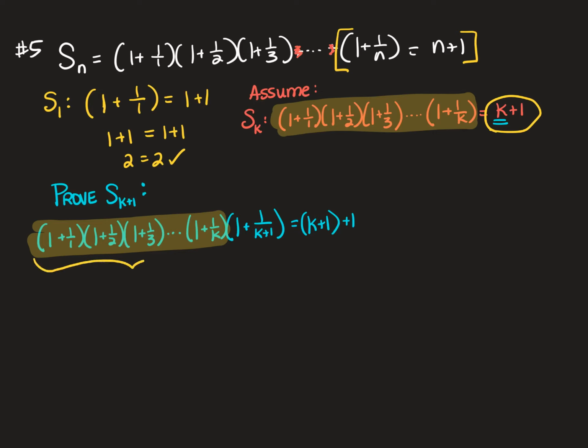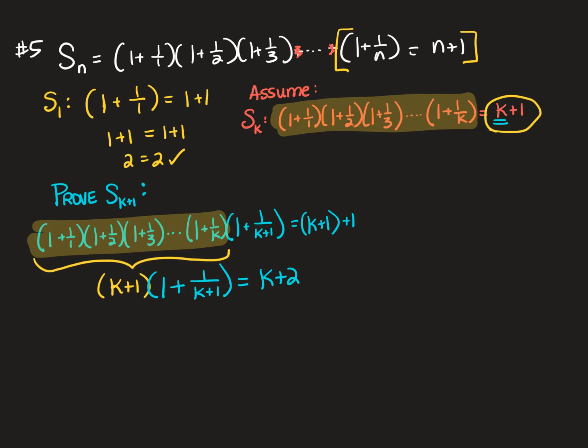This entire expression is the same thing as saying k plus 1. All right, now we've got that, but we still have the rest of our expression to write. So I still have this part of my expression to continue writing. So I've got times 1 plus 1 over k plus 1 equals, and then this is just k plus 2.